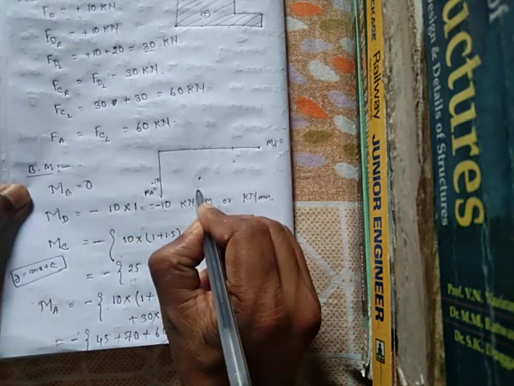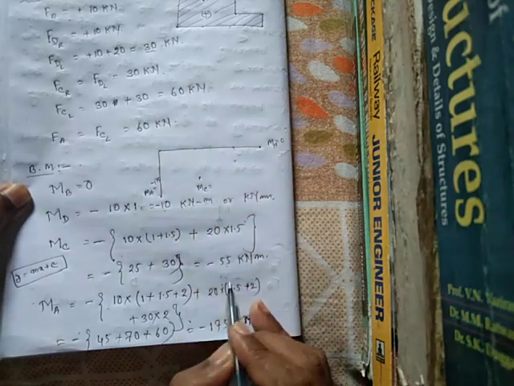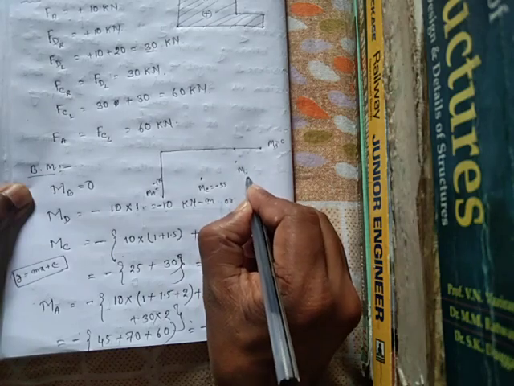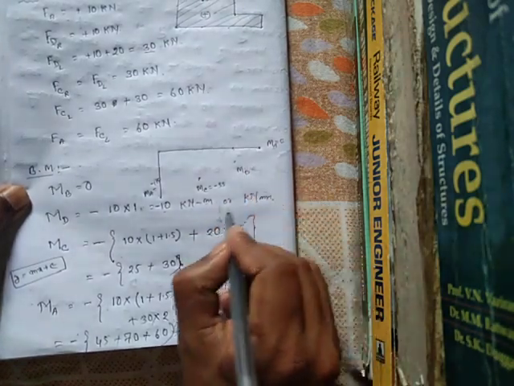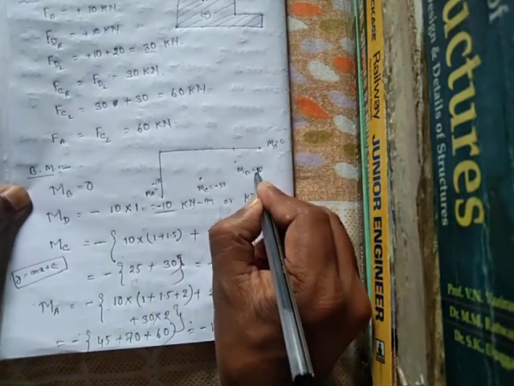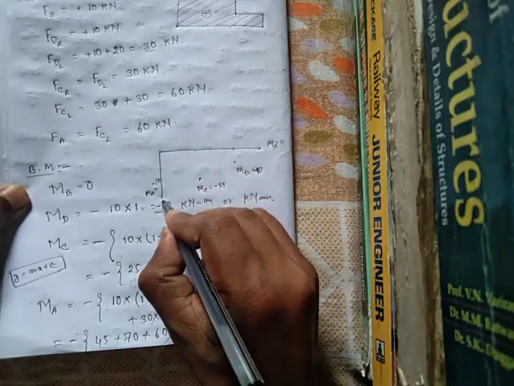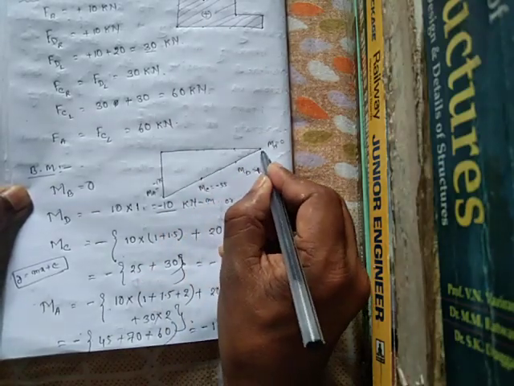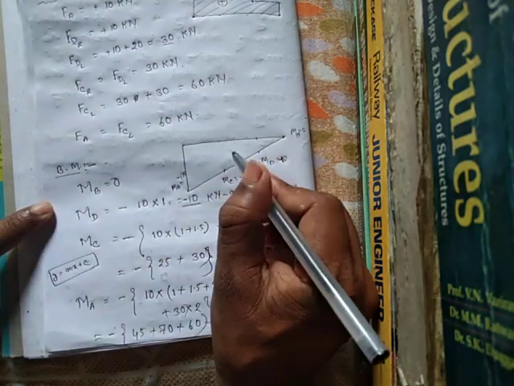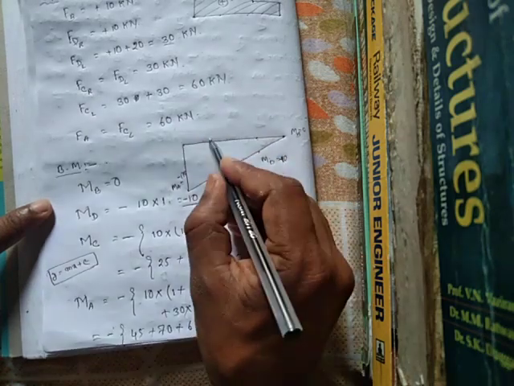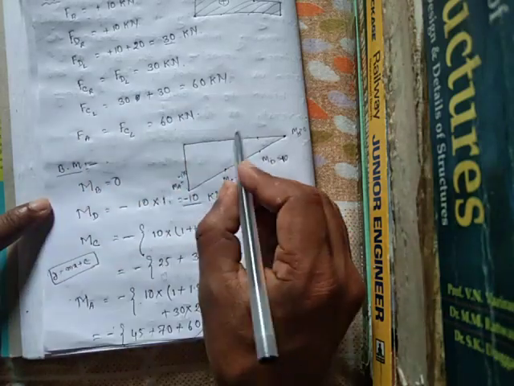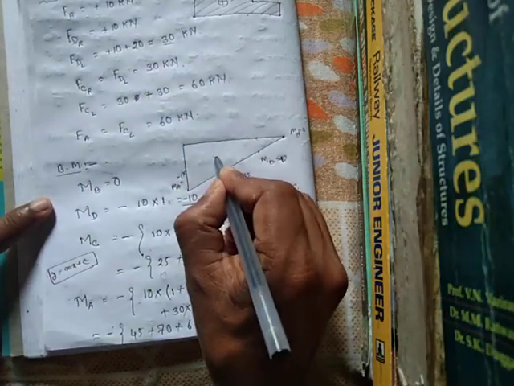Bending moment at point C is minus 55, and at point D is minus 10 kilonewton meter. Now draw the diagram. This linear curve is the bending moment diagram of a cantilever beam subject to different point loads at different points. This is totally negative bending moment.